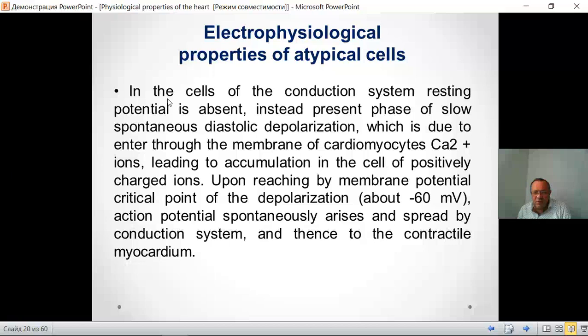Upon the membrane potential reaching a critical point of depolarization, about minus 60 millivolts, an action potential spontaneously arises, spreads by the conduction system and extends to the contractile myocardium.